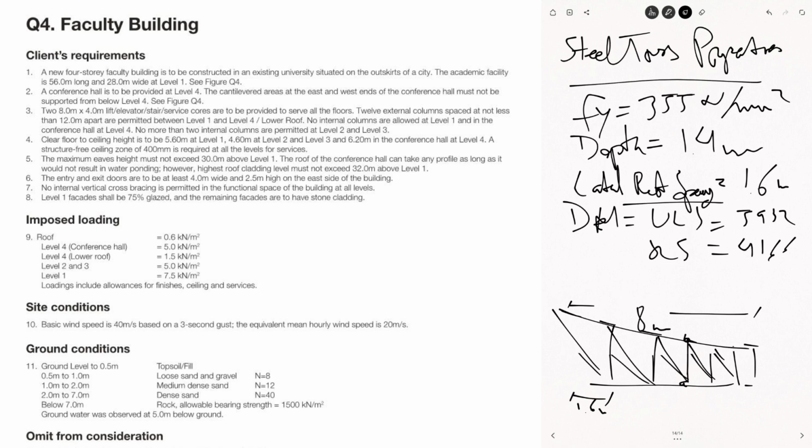Then it's 1.6 meters. Now my horizontal force, FH, which is going to be the couple of forces from my bending moment, it's going to be, well, it actually depends if it's an SLS or ULS. Let's say ULS.